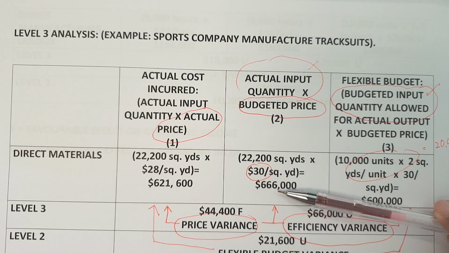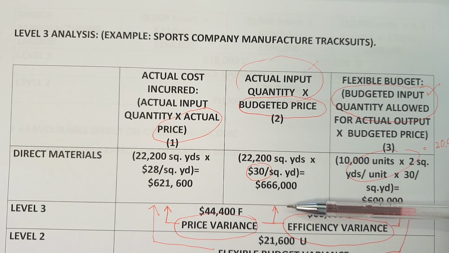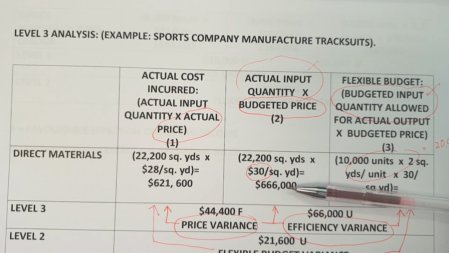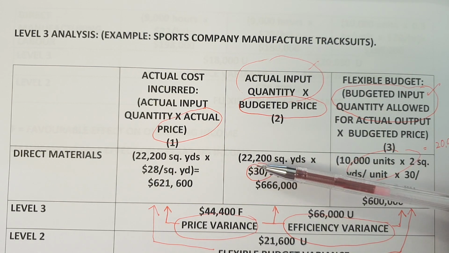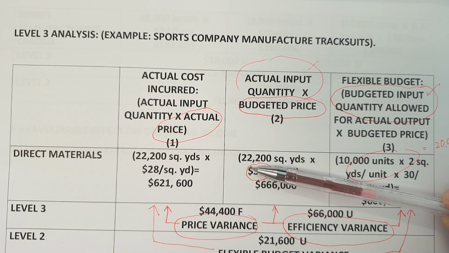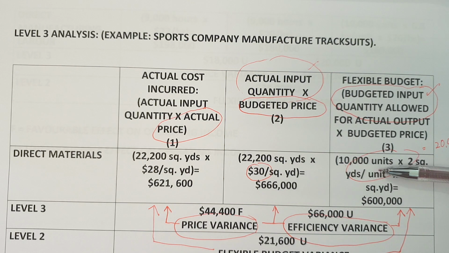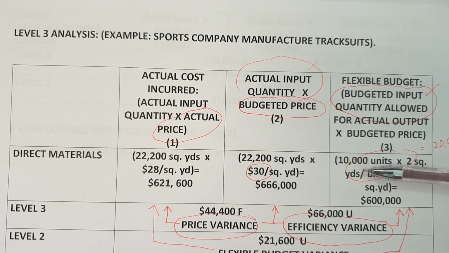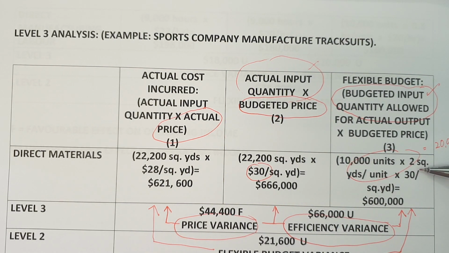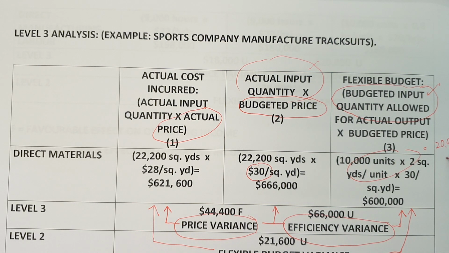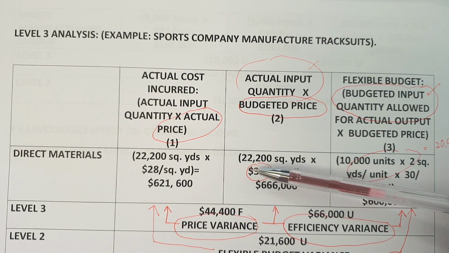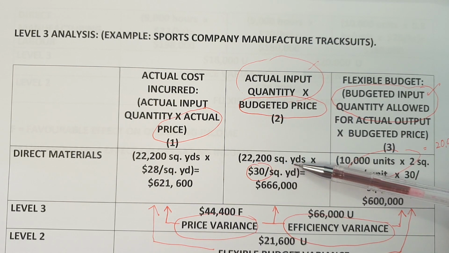However, in reality, the input that we used was more than 20,000, that is 22,200. So it is more than what we budgeted.